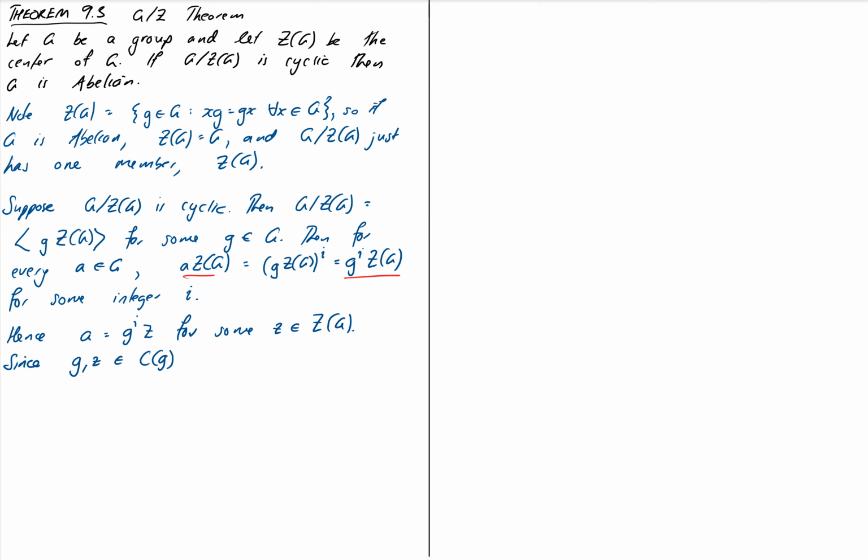Clearly g commutes with itself, and clearly z commutes with g, because z commutes with everything, and so therefore they're both in the centralizer, which means that A is in the centralizer as well, because this is just a combination of two elements that are in the centralizer already. It follows that A is in the centralizer of g also.